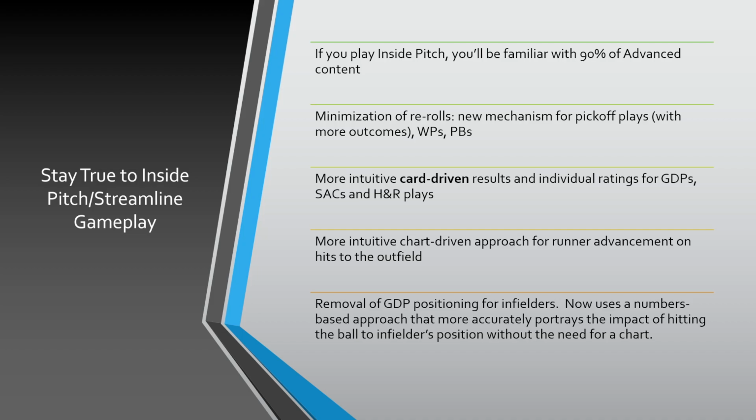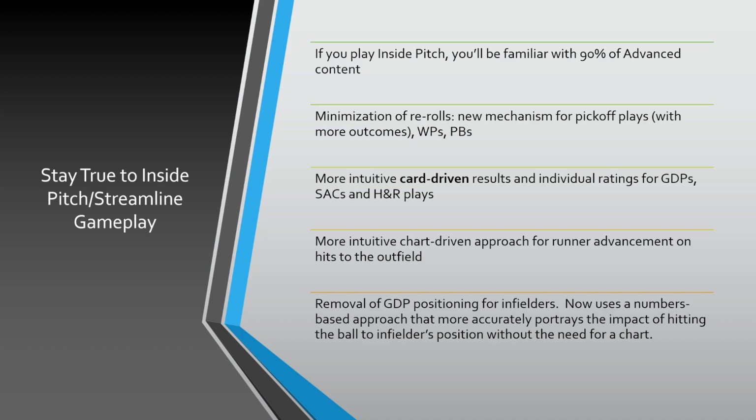This is actually on the player's card now. And so it's built in. So you'll be able to see it like, oh, a 17, that's a sac bunt. Again, play the game as you want to play it. You can ignore it, but it's built in right there, typically using how many times the guy sac bunted in real life, how many times the hit and run was on in real life, and how it affects the statistics. So again, this is card driven. You don't have to go to a chart.